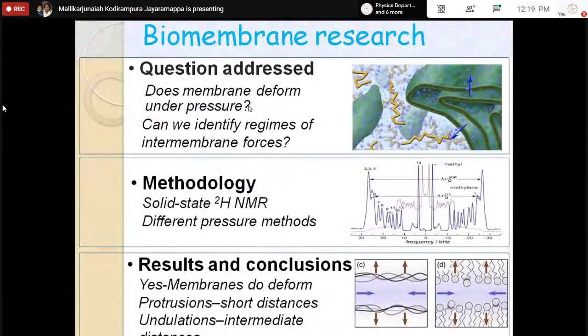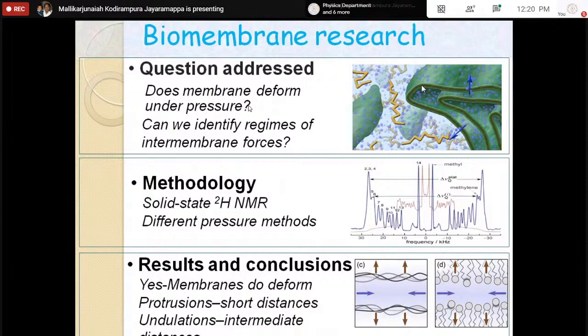Now, our main objective in this particular topic was to identify whether, in the presence of external pressure or temperature, these membranes deform or not, because there was a lot of ambiguity with respect to the deformation of a molecule in the presence of external force, especially pressure.